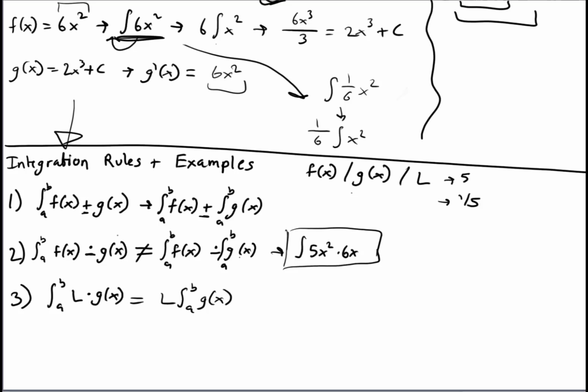Now these are the three basic integration rules we're going to cover, and I'll go through a couple examples of, well, we already established an example for number 3. So let's go show or display the first one.